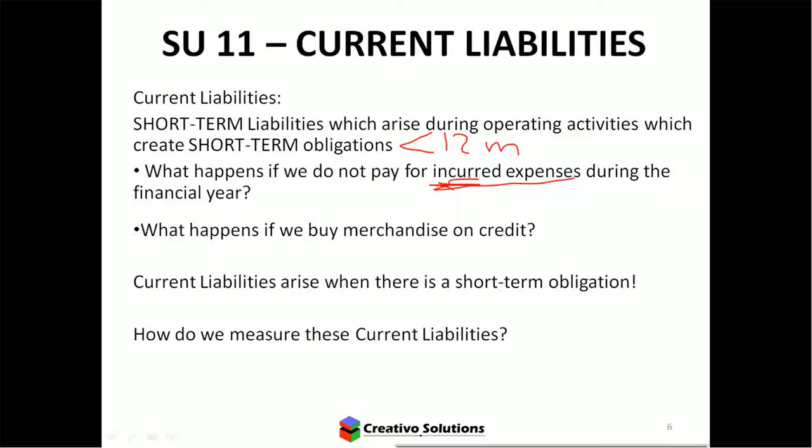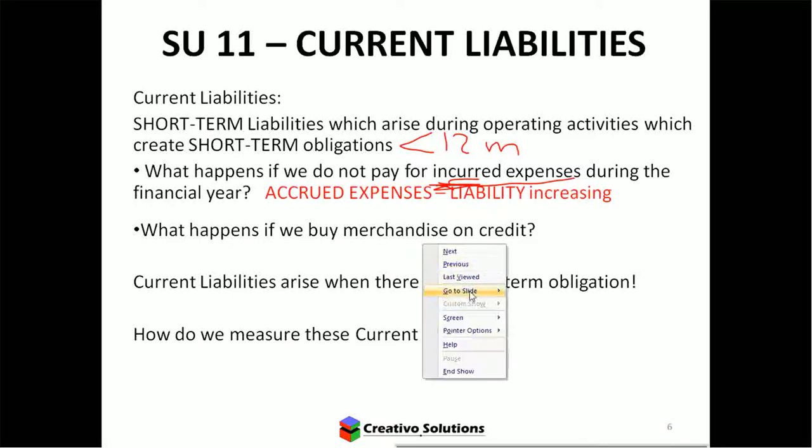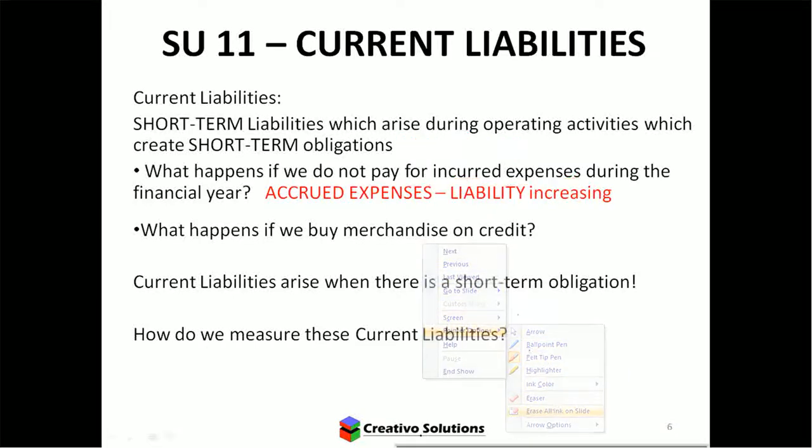That's what you're looking at here: an accrued expense. An accrued expense is an adjustment. It's providing for something today that relates to the future. It's a current obligation that gives rise to a future payment. You're going to have to pay that in the future.